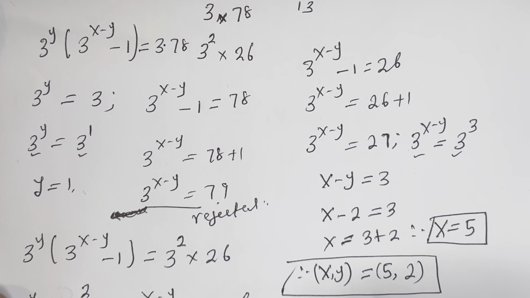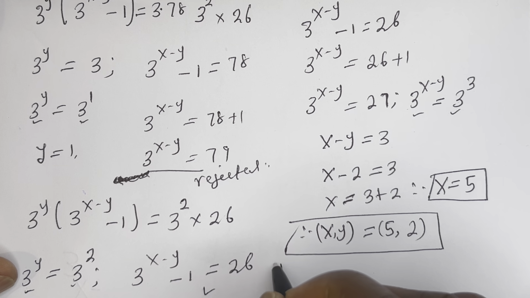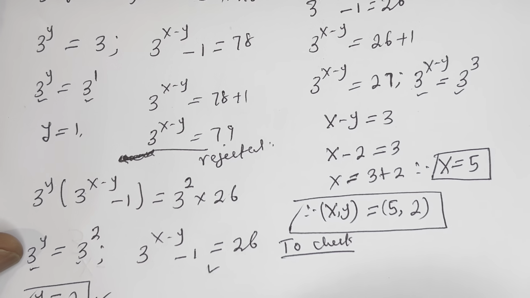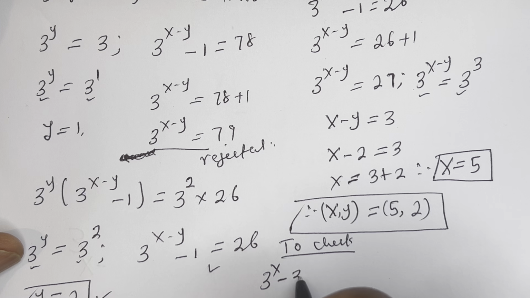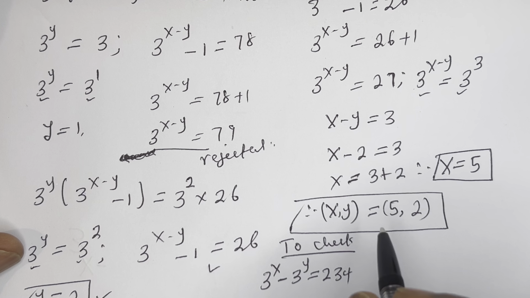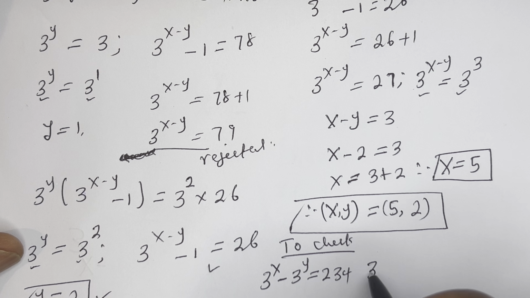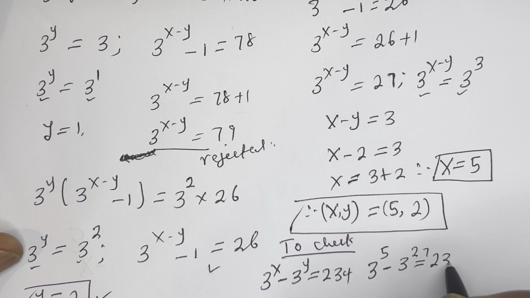We may check to confirm if this answer is right or wrong. Let's check. To check, we have the given equation 3 to the power of x minus 3 to the power of y is equal to 234. When x is 5 and y is equal to 2, we have 3 to the power of 5 minus 3 to the power of 2 must be equal to 234.